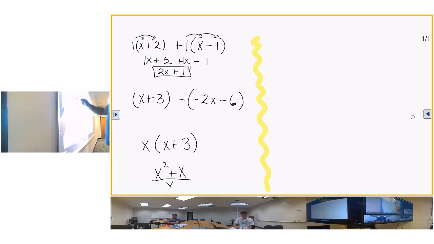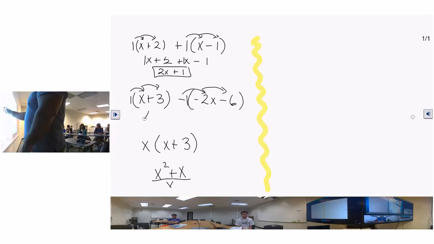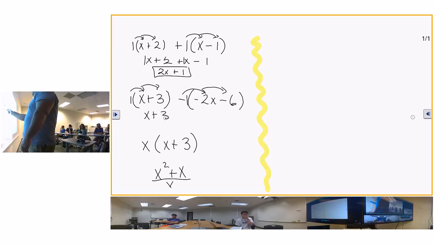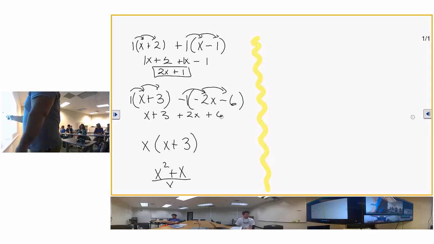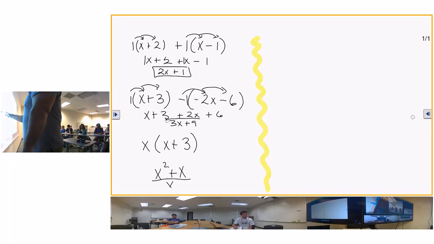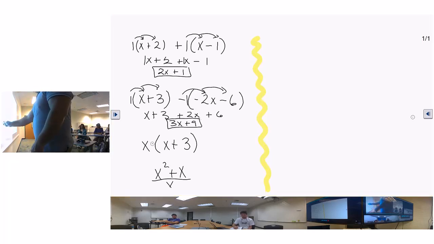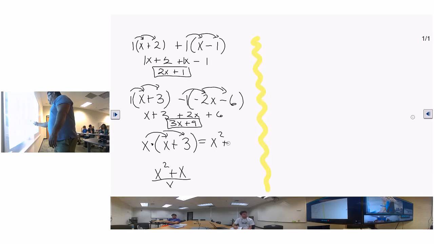And then you distributed the positive 1 here, and the negative 1 here, and that gave you x plus 3 plus 2x plus what? Plus 6, and that gives you 3x plus 9. And everybody's happy. That's pre-algebra, easy stuff. This is multiplication, so you distributed, and that would give you x squared plus 3x.